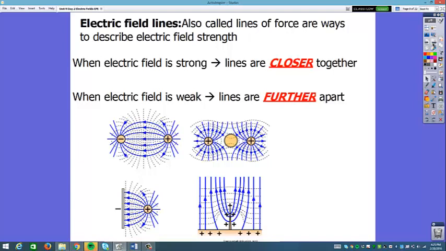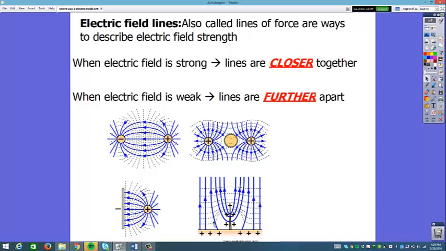So wherever you see that the field is strong, where you get that much stronger force, your electric field lines are going to be a lot closer together. Wherever your electric field is really weak, your lines are going to be further apart. So if the lines are close together, that means a stronger force or stronger field, further apart, weaker.